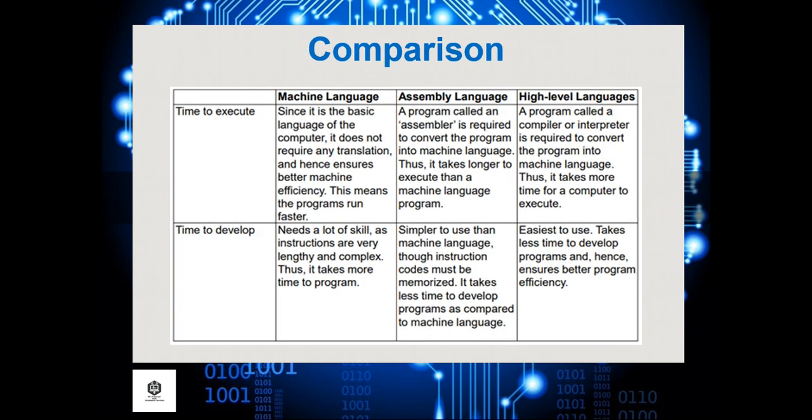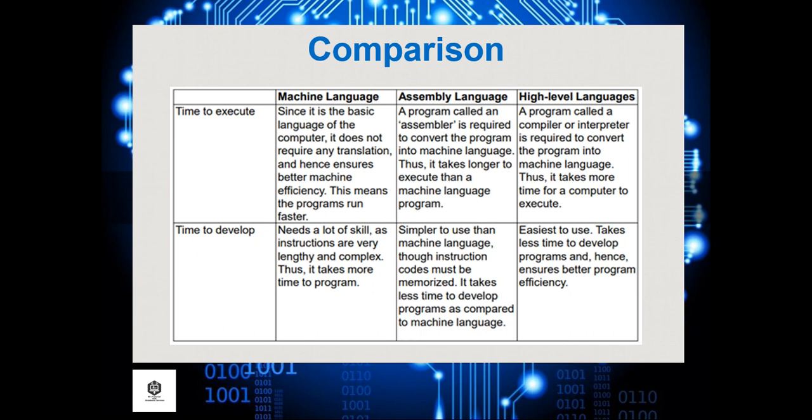So let's compare machine language, assembly language, and high-level language in terms of the following. First, time to execute. Machine language, since it is the basic language of the computer, does not require any translation and hence ensures better machine efficiency. This means the programs run faster.